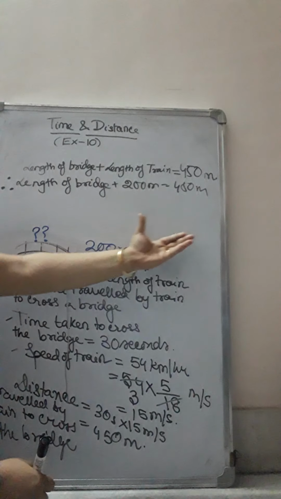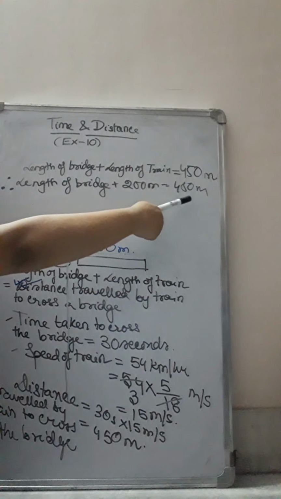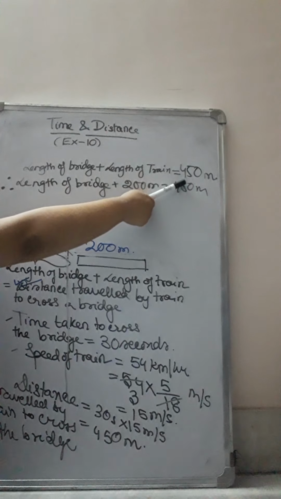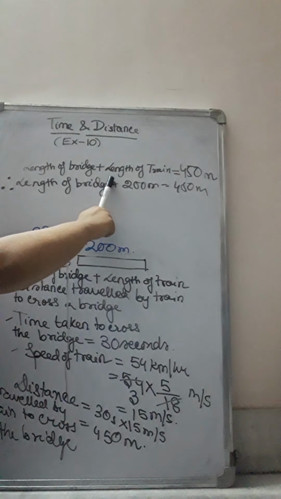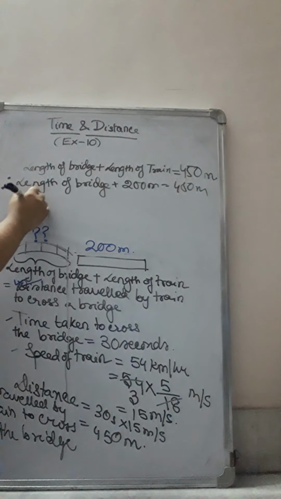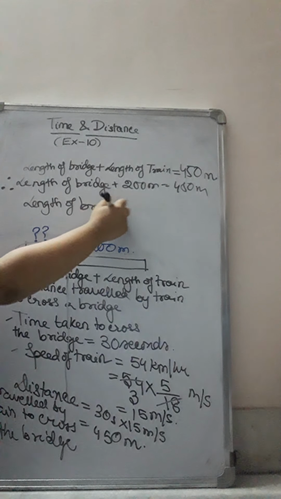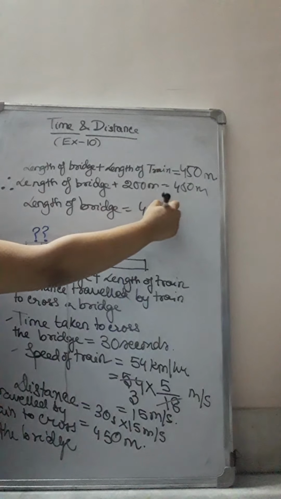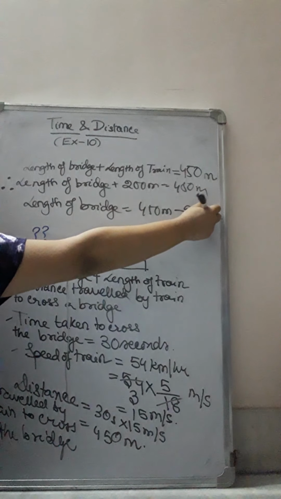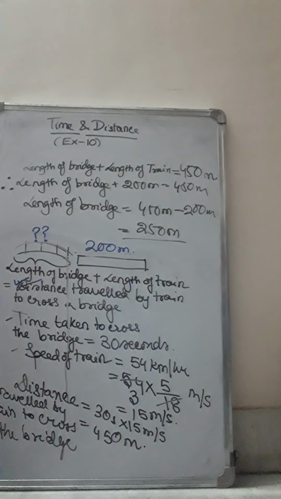If their total gives the distance covered, then if you subtract the length of the train, 200 meters, you get only the length of the bridge. So the length of the bridge is 450 meters minus 200 meters, which is equal to 250 meters. So this is the answer. This was the required answer of the question.